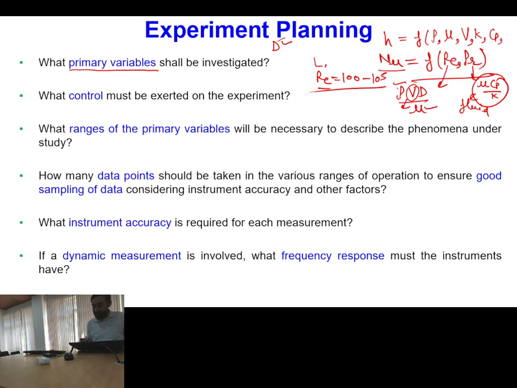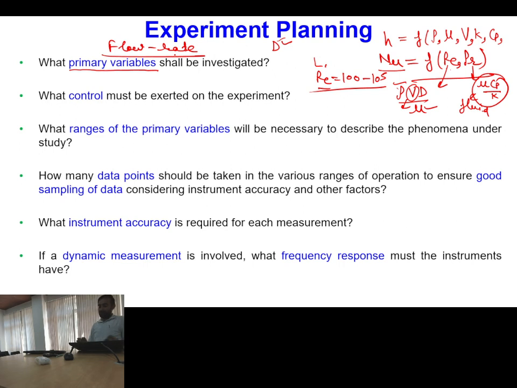Once I know the average velocity, I can multiply with cross-sectional area and calculate flow rate. So from here I get one independent parameter, flow rate, which I need to measure.